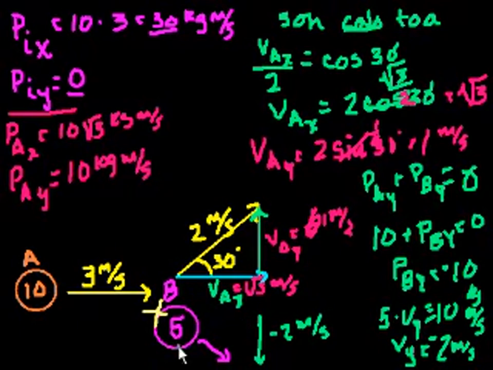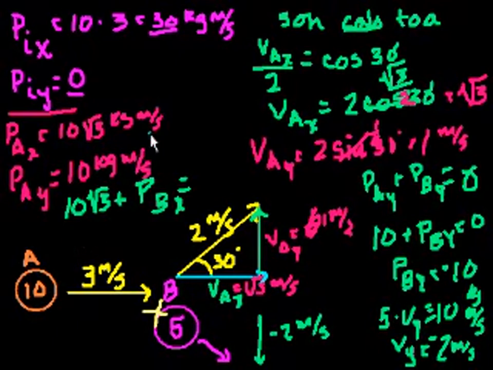So now let's figure out the velocity of B in the x direction. And I'm running out of space and it's getting messy. But we just have to remember that the momentum of A in the x direction, which is 10 square roots of 3, plus the momentum of B in the x direction has to equal what?